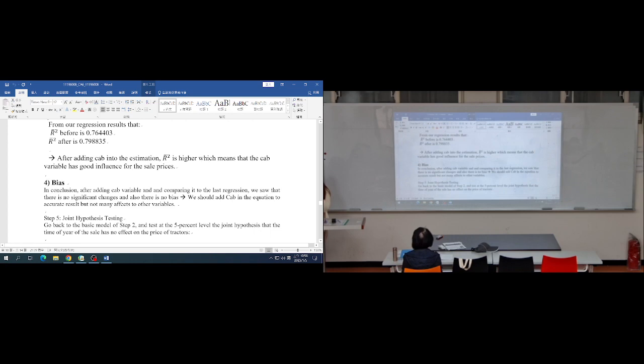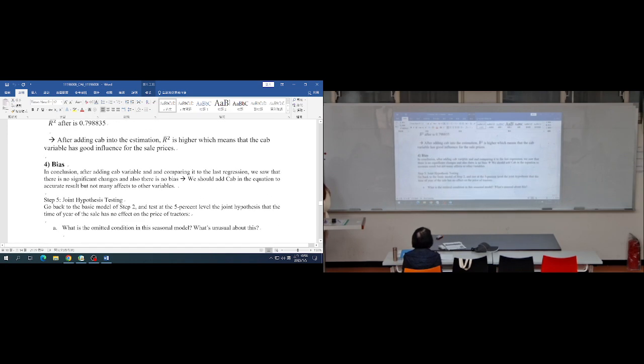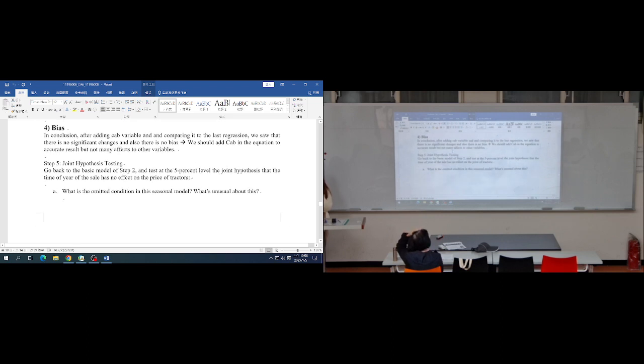I think it's a good influence for the sale price. So we have the conclusion that we should add the cap into the equation to have more detail in the result, but it still does not affect much of the other variables.